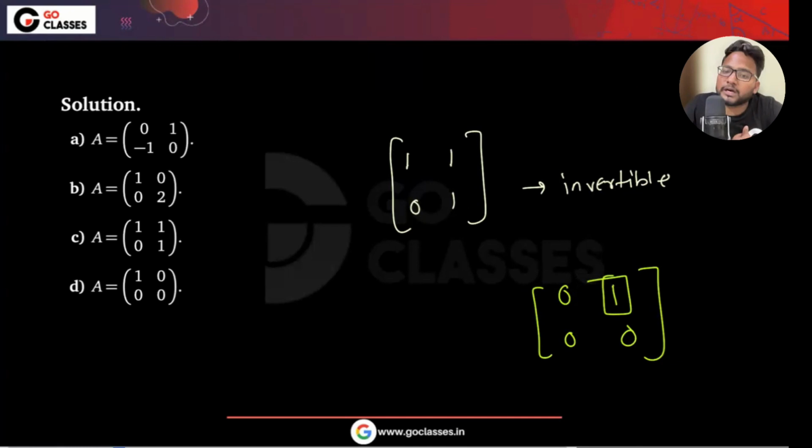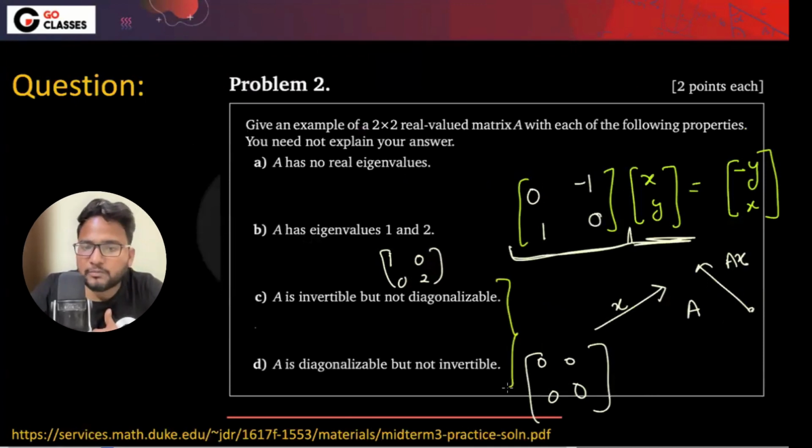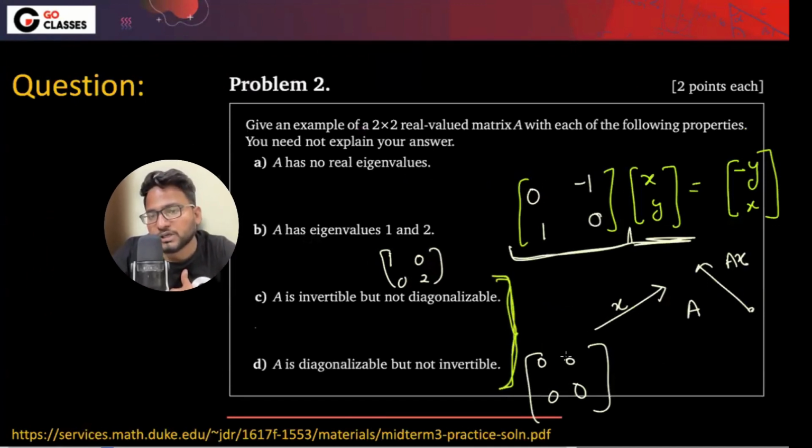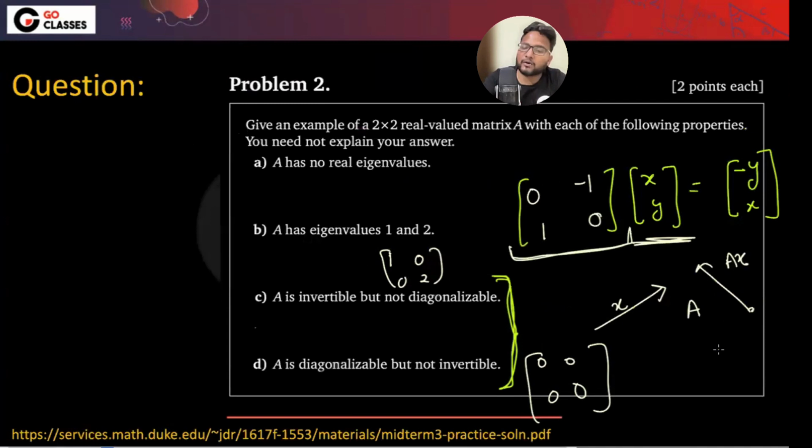There won't be two linearly independent ones, right? And definitely it is invertible. Anyway, last time we also gave counterexamples for these two. So there is no relation between invertibility and diagonalizability.